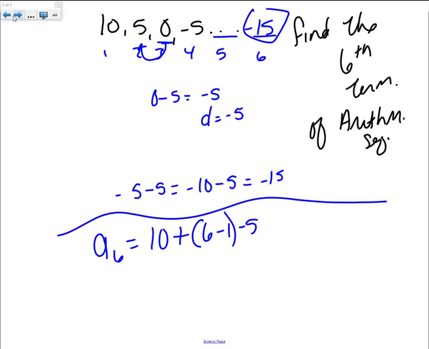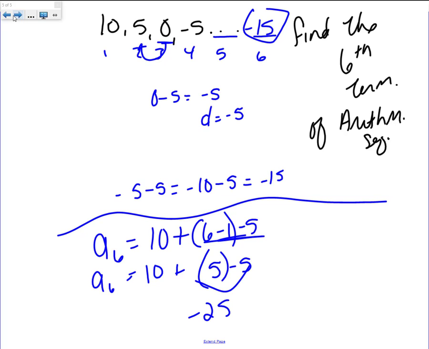Order of operations says simplify inside the parentheses, and so I end up with 5, and I want the 5 to multiply times that negative 5, so I leave the parentheses around it. And so I'm going to multiply here and get negative 25, and then I have that plus 10. So the 6th term is equal to whatever 10 minus 25 is. So the 6th term, a sub 6, is equal to negative 15.